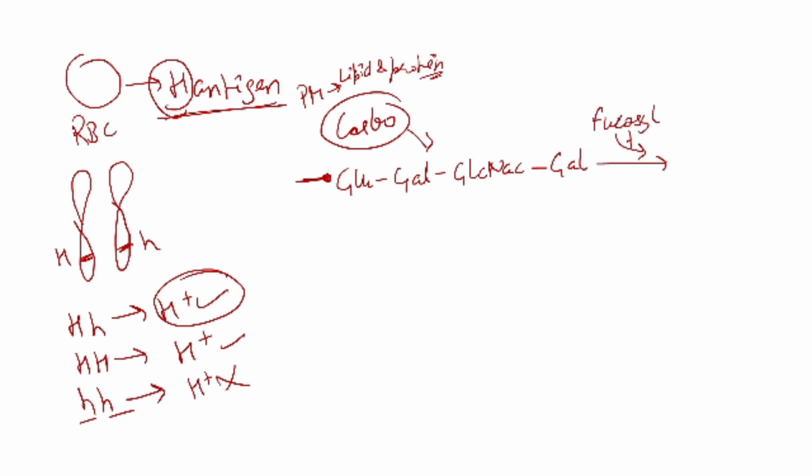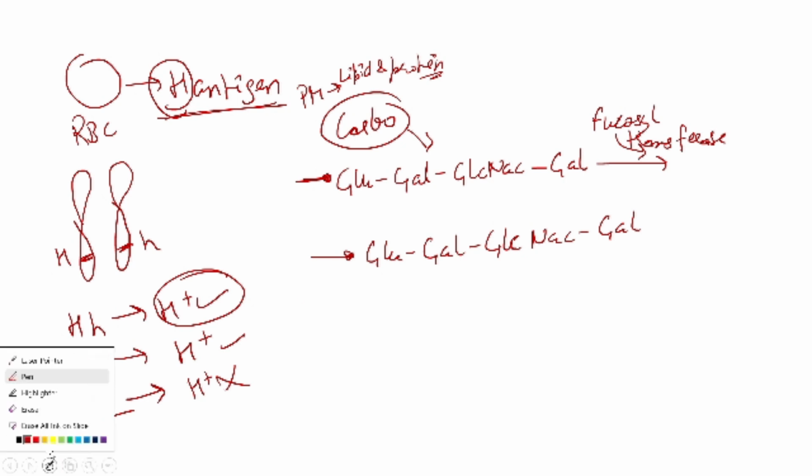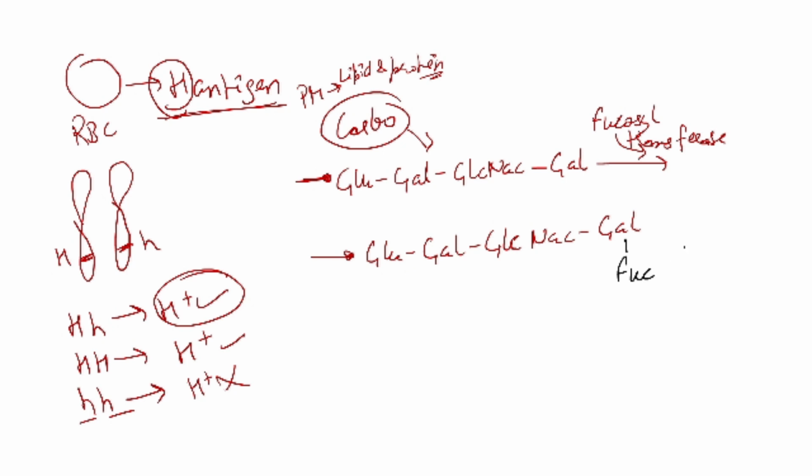Fucosyl transferase enzyme will transfer a fucose group to this particular segment. So now what will happen? Galactose will get fucose attached to it. And now this one is known as an H antigen.